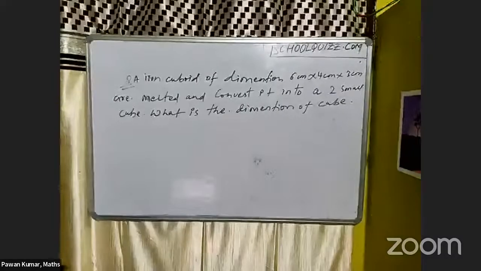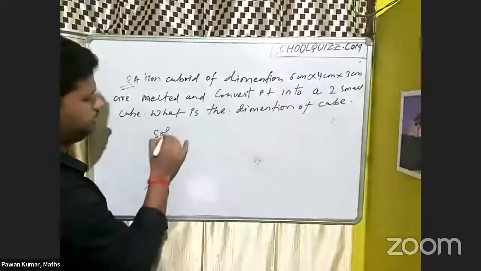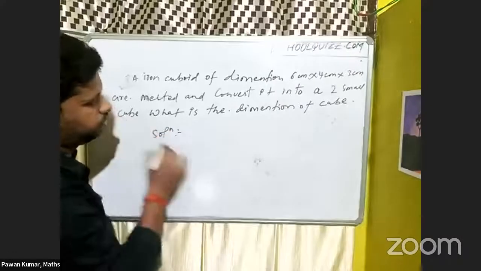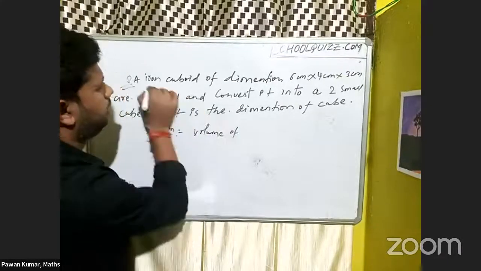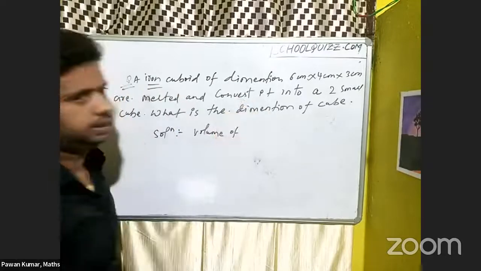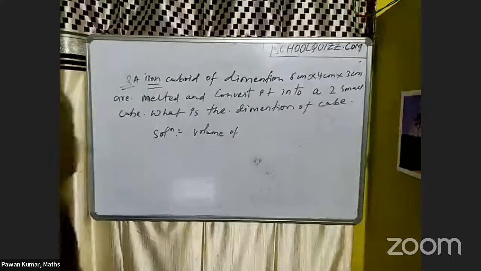Sir, the each side of two cubes will be 6 centimeter. Okay, fine, good. So, others, did you get the answer? How have we done this one? Simply, because they have iron, they are melted, the total we have to consider now.